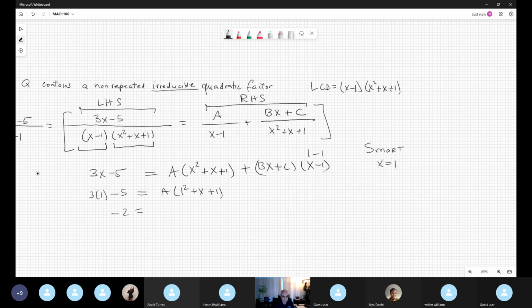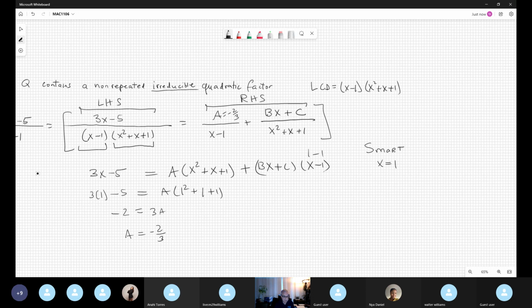Here x is 1, so we have 1 plus 1 plus 1 is 3. Therefore, A is negative 2/3.